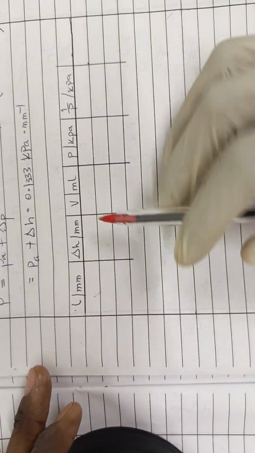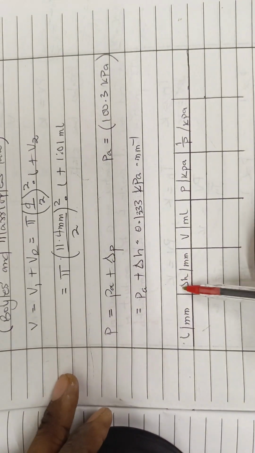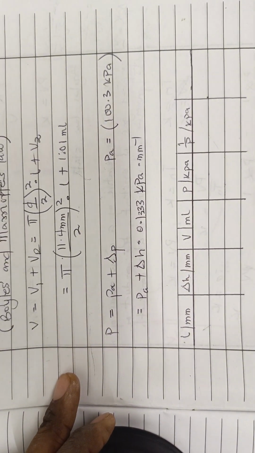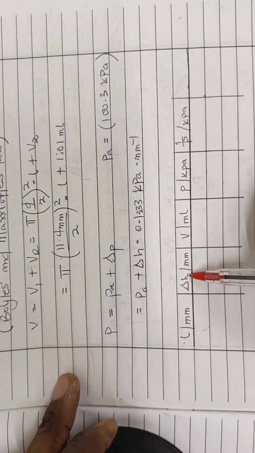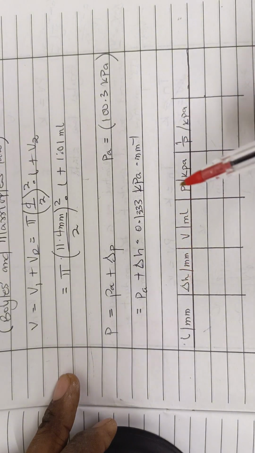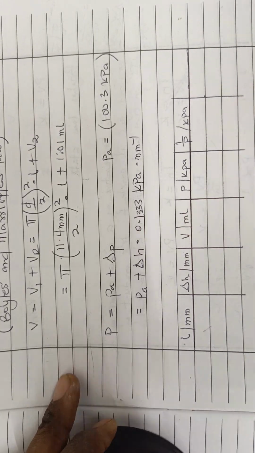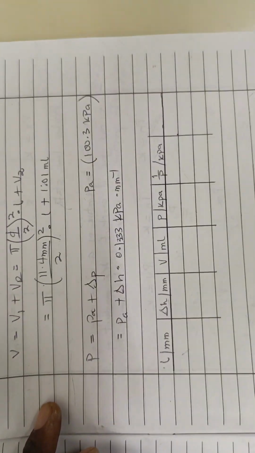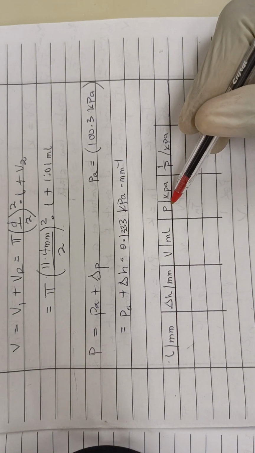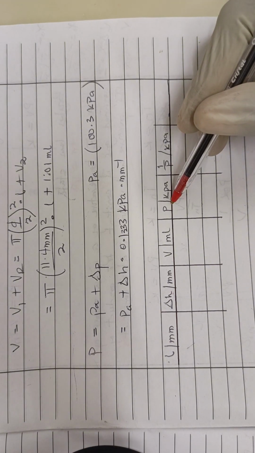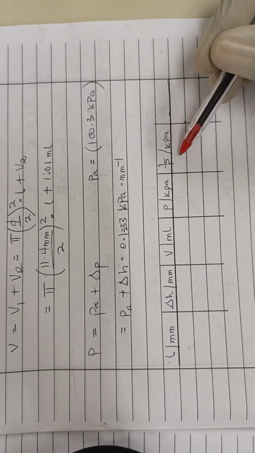Then our next quantity is the change in height, change in h, also in mm. Then our volume in milliliters. Then our pressure in kilopascal. Then the inverse of the pressure.